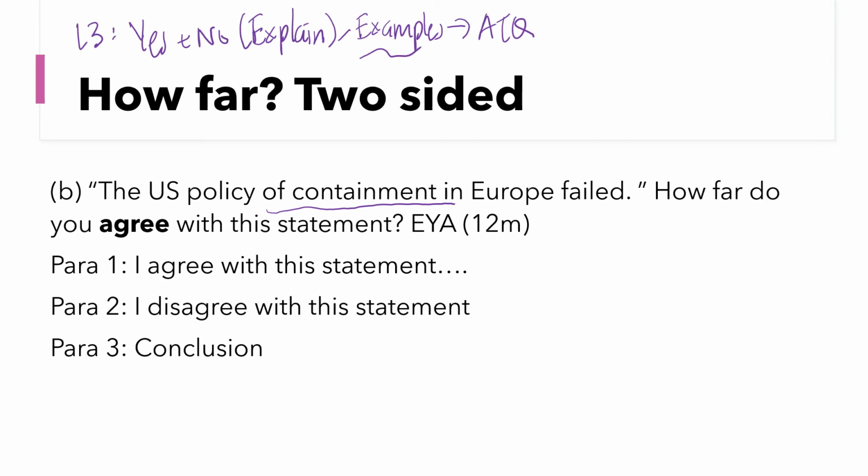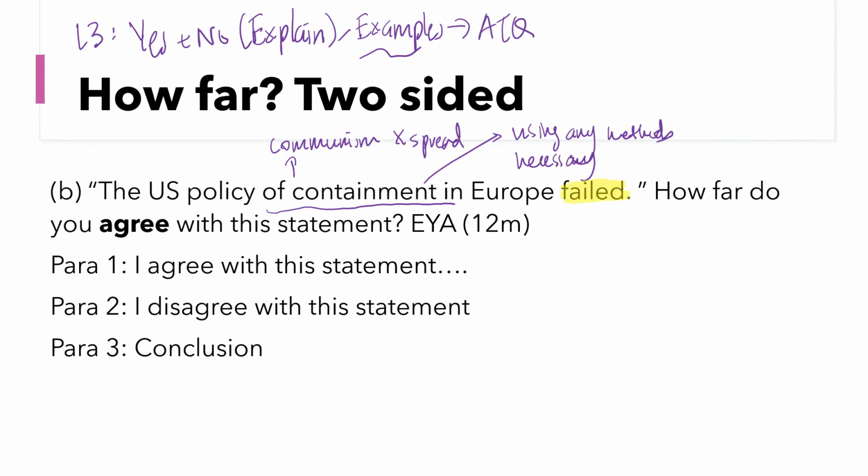Okay, it is about ensuring that communism does not spread, and literally it is using any methods necessary. Okay, and specifically I want you to take note about the word 'fail'. So straight away you must toggle your mind. Okay, where were examples to actually show that communism failed, and where were the examples to show that communism did not fail?